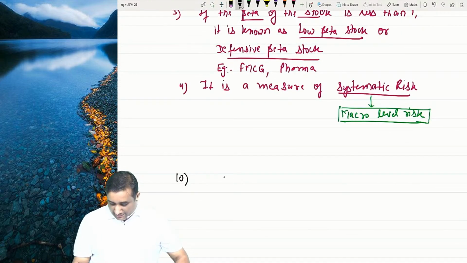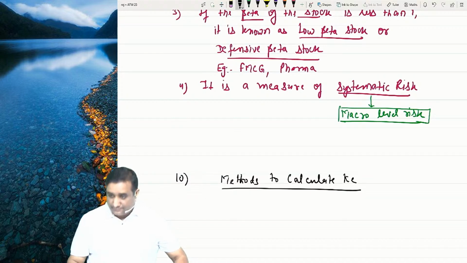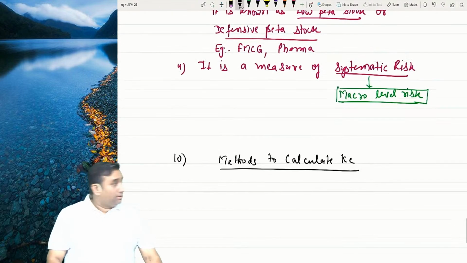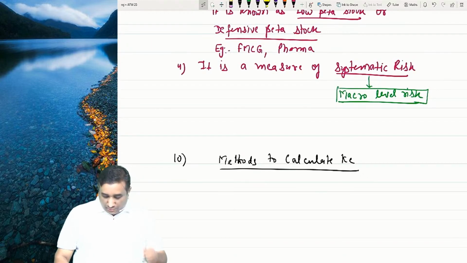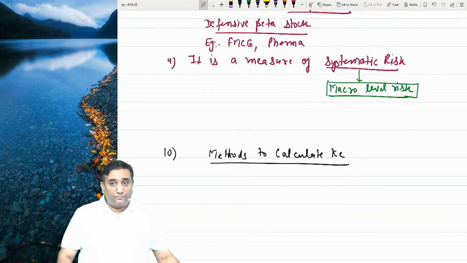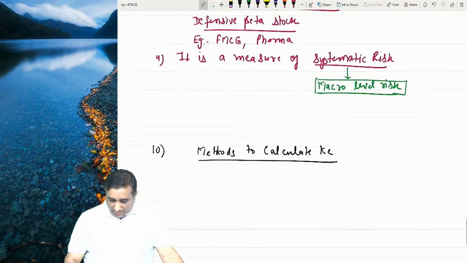Methods to calculate KE. I'm going back to your inter-level where we started the basic part of it.